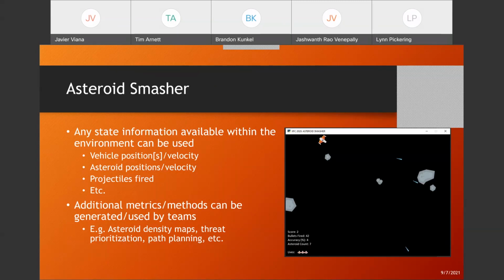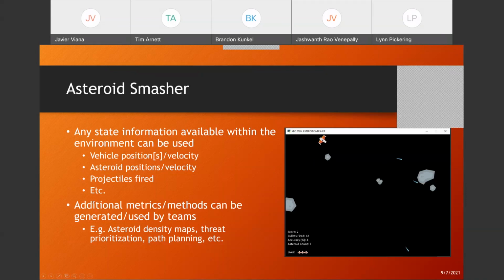You may have more than one ship. I don't think we've set an upper limit on the number of ships yet, but we will post that when we finalize that. You could expect any number of asteroids, so make sure that your solutions scale well. If it gets bogged down at 20 asteroids, then you might have a design problem.